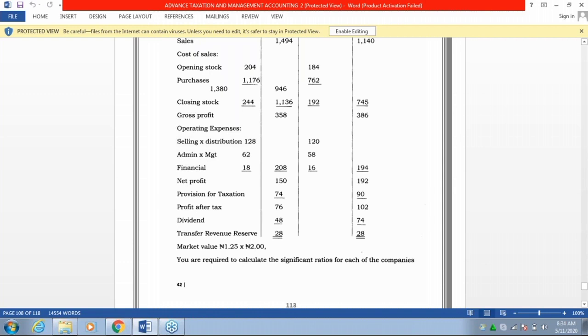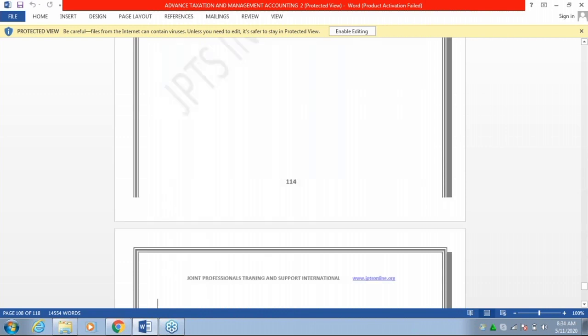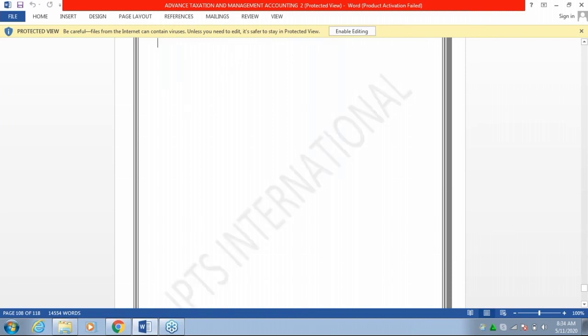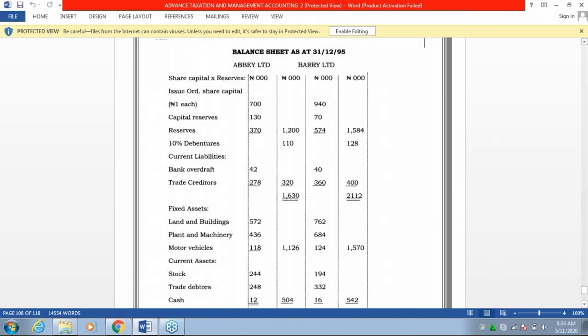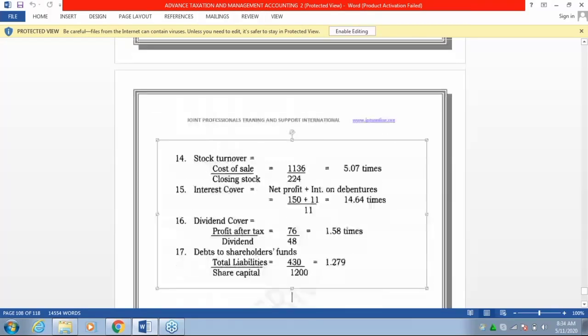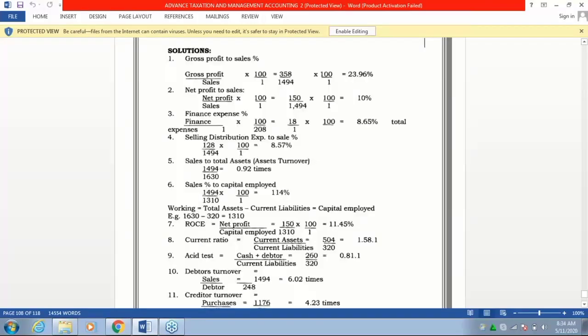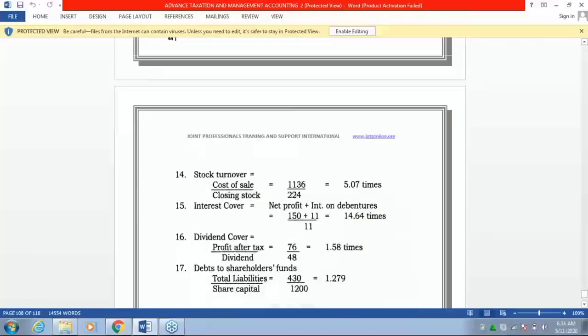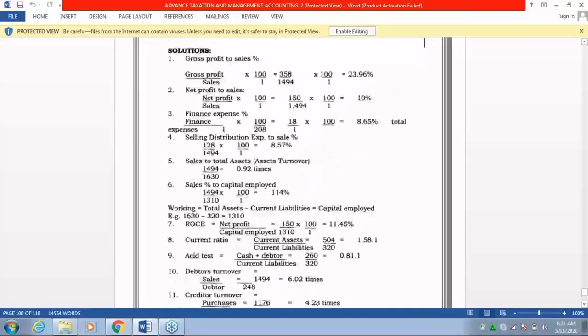So look at it. They say you are required to calculate the significant ratio for each of the company. So you can see it. Abe, first company, second company. Okay, let us start from here. Now, gross profit.